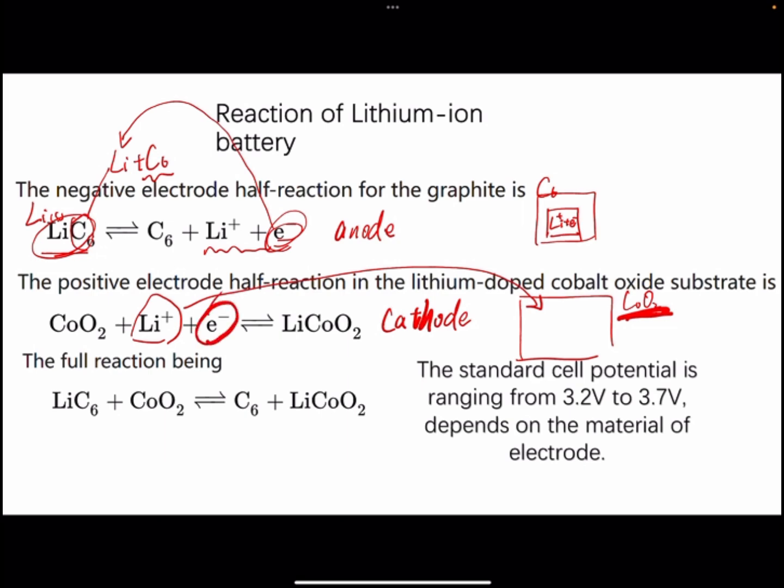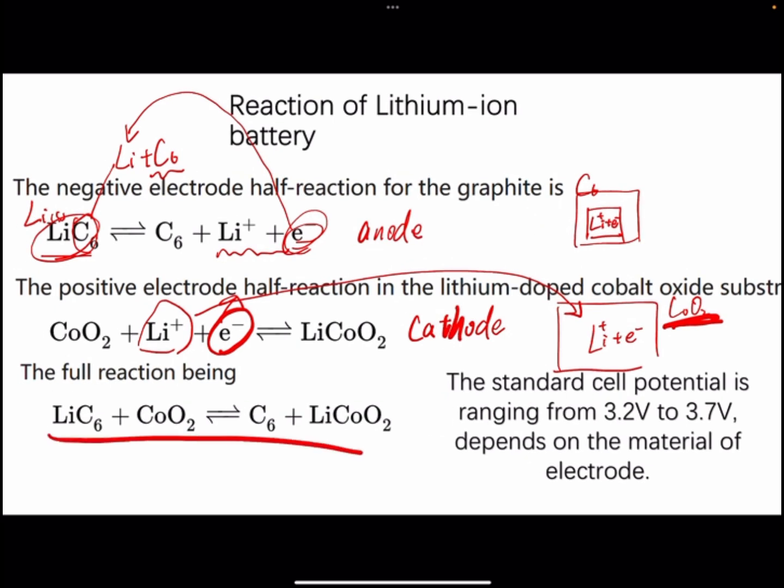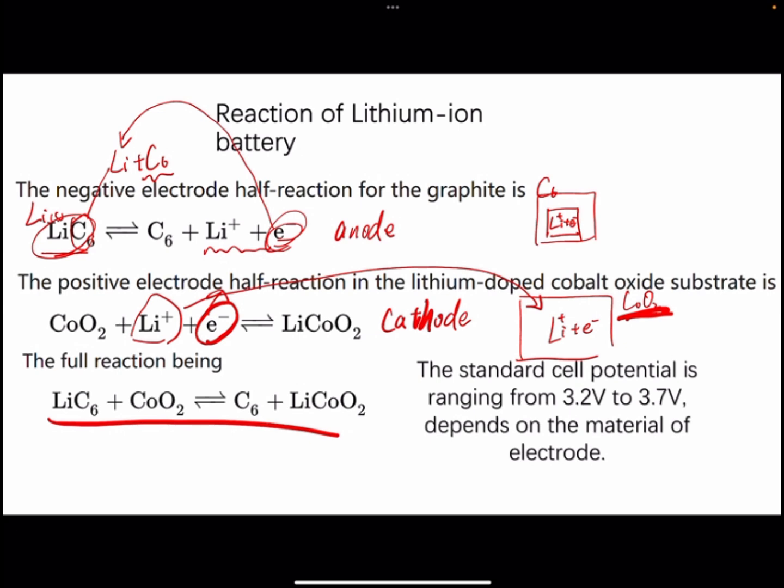With this, they go into the box together, and then you get this, and this is the full reaction. Thus, you can regard the whole reaction as moving lithium from one box to another box. This is the process of the whole reaction.